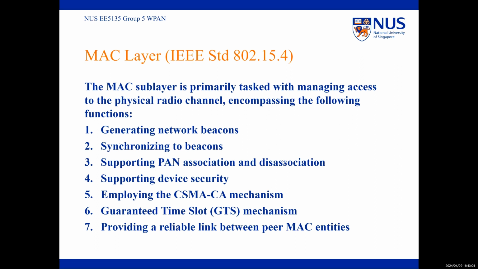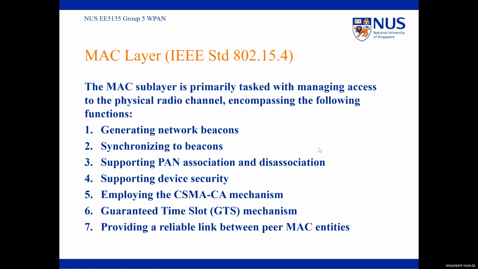The second one is that the devices synchronize their operation to network beacons, and the third function is that the MAC sublayer facilitates the association and the dissociation of the device with the personal area network, the PAN, enabling diverse connectivity and network management.